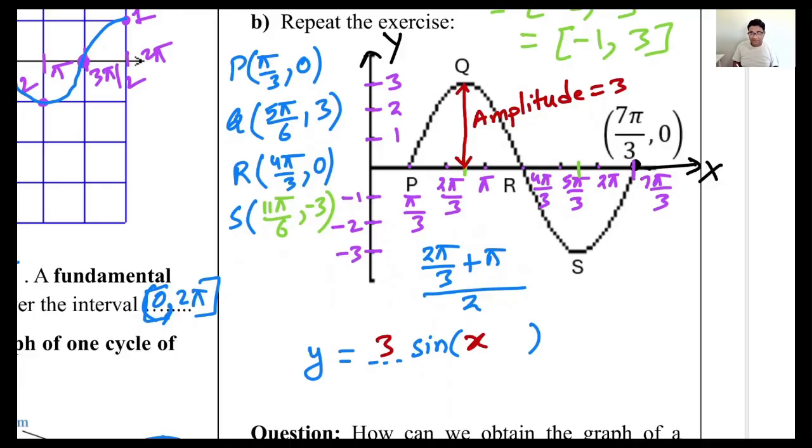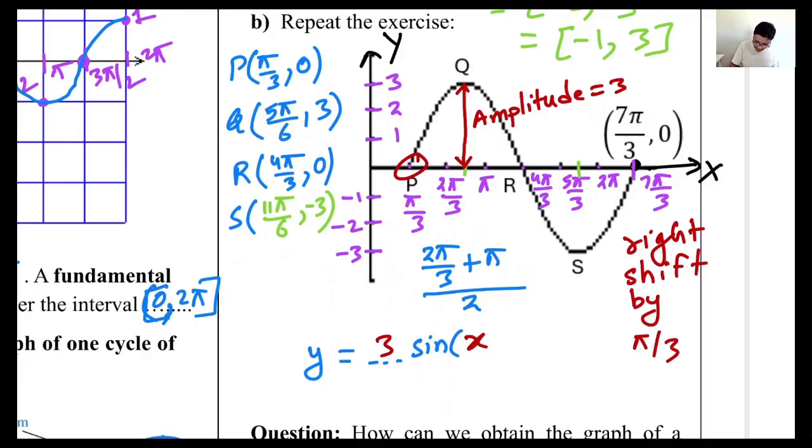Sine x. Now there is no vertical shift, but there is a horizontal shift, right? And the horizontal shift is to the right. Right shift by how much? Pi over 3. Because your starting point P, what would be at origin is at P here, which is pi over 3 to the right. Again, if you remember from pre-cal or college algebra, when you shift to the right, you subtract: minus pi over 3.